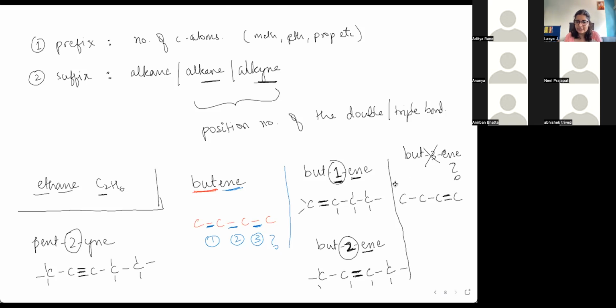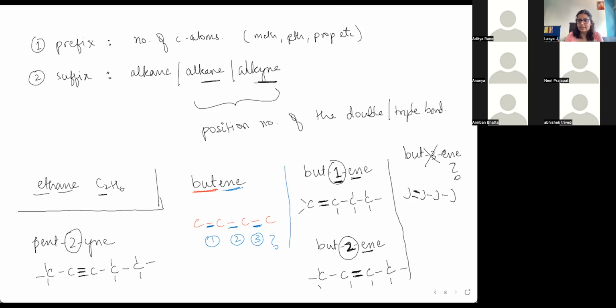This is basically the same as if I look at it from this side. I have carbon, carbon, carbon, and the double bond is on the first carbon. So this is the same as but-1-ene.